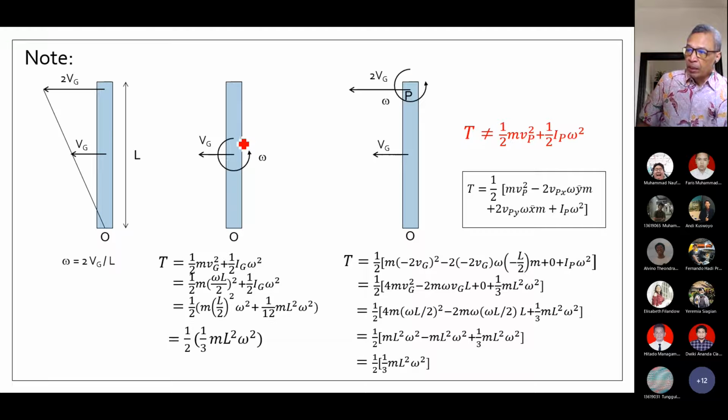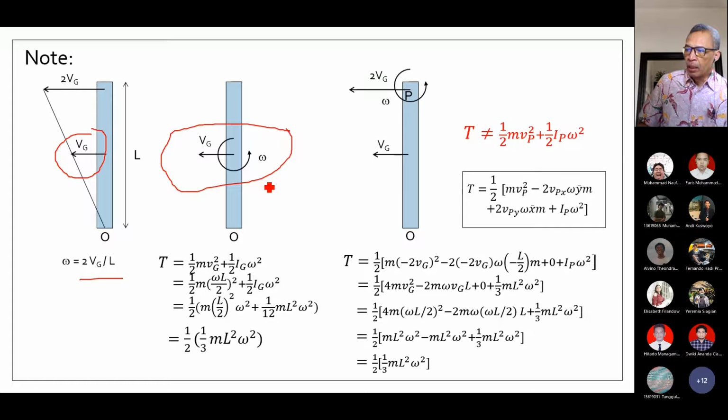The angular velocity can be found from the difference between the velocity at the upper end and the lower end divided by the distance between those two points. So this is the angular velocity, and this is the velocity at the center of mass. This is the representation of the motion of this rigid bar using the velocity at its center of mass, and then we can calculate its kinetic energy by adding half m Vg squared plus half I omega squared.